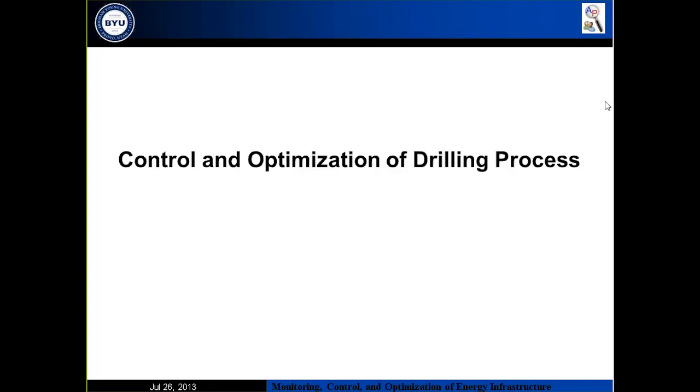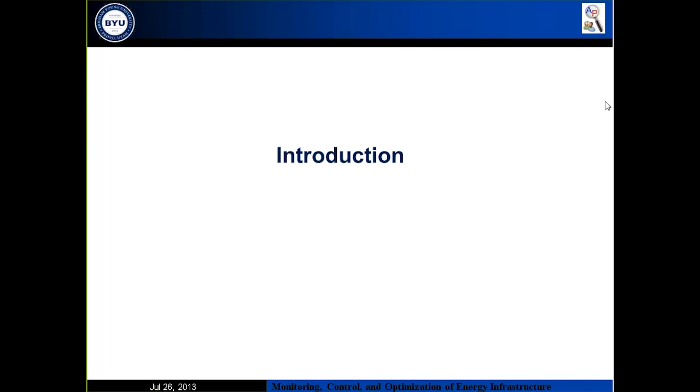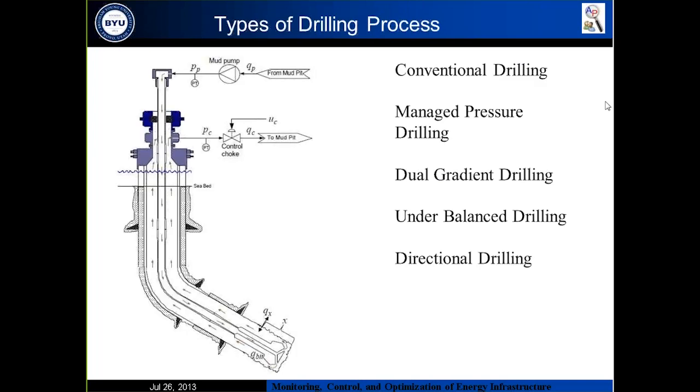So the first part is about the control of the drilling process. First of all, I wanted to talk about several types of drilling. We have lots of types of drilling, but I just mentioned some of them here. In conventional drilling, usually they insert mud into the drill string, and the mud comes back from the annulus to the mud pit, but here the pressure is atmospheric.